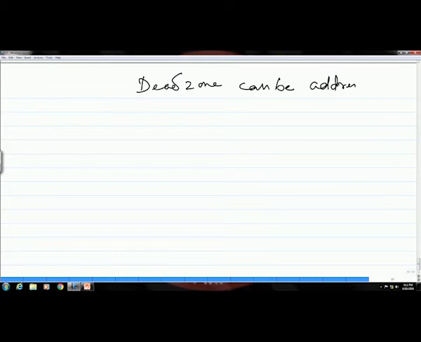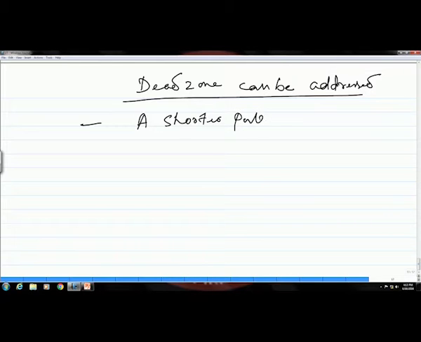So, this problem of dead zone can be addressed by using a shorter pulse or high frequency.